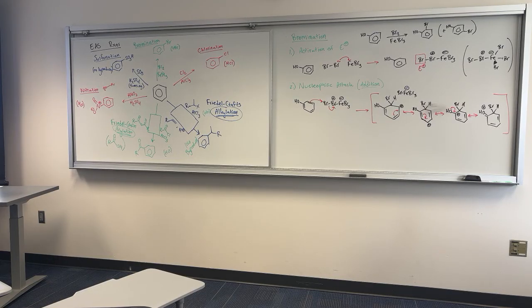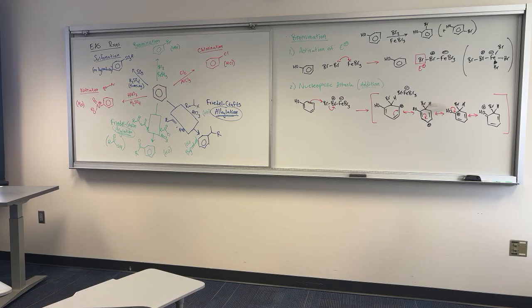Octets. And another way of saying maximize octets is actually maximize bonds to carbon. That's really the only thing we're trying to maximize an octet with. So maximize octets means maximize bonds to carbon, then see if you can place the charge appropriately. Which of these minimizes charges?